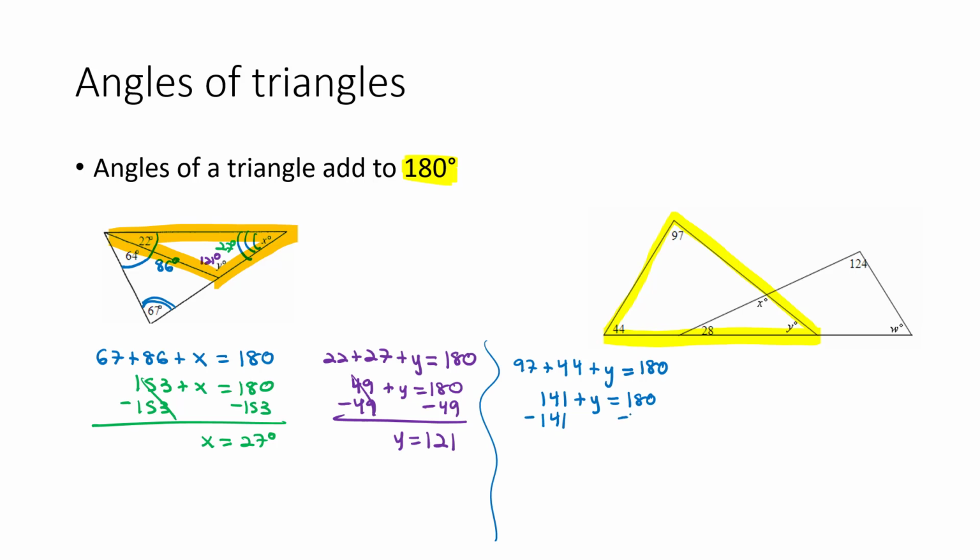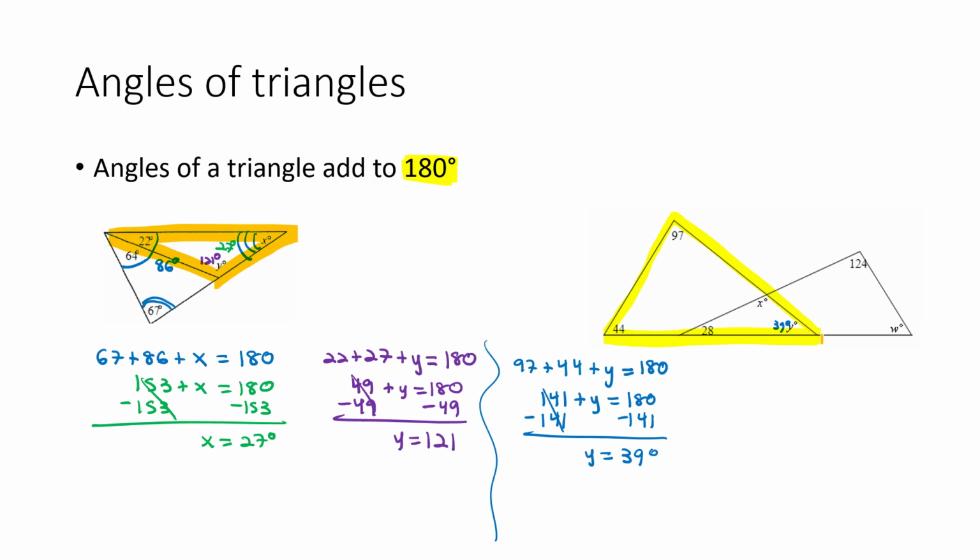So if we subtract the 141 from both sides, y is going to be equal to 39 degrees. We've got 39 degrees inside that yellow triangle. But we're not done yet. We've still got to figure out w and x.